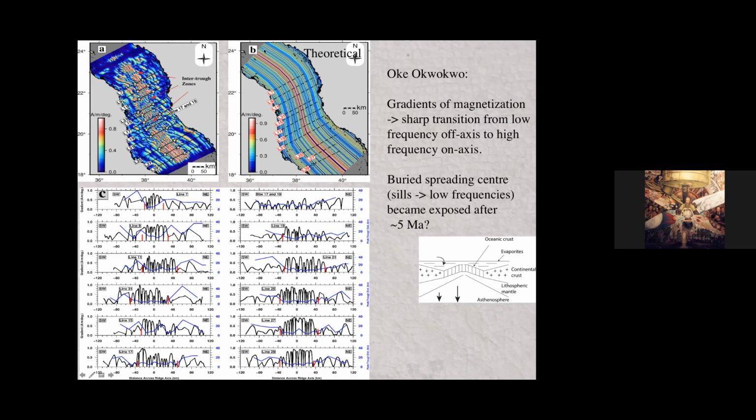Just made a series of polygons, and you'd expect high frequencies all the way out to here, and it's very different from this. So our interpretation is that this transition represents the point at which the spreading centers got exposed. Before then you had intrusion of sills in here, not a normal spreading center process.